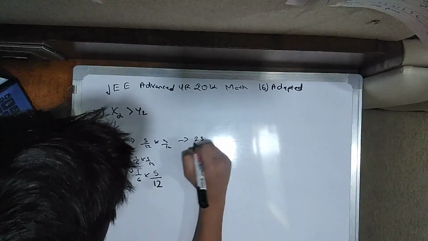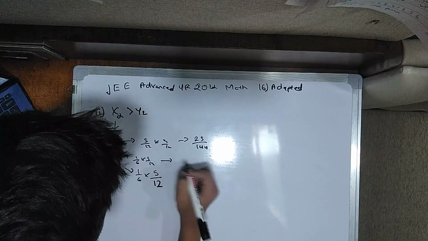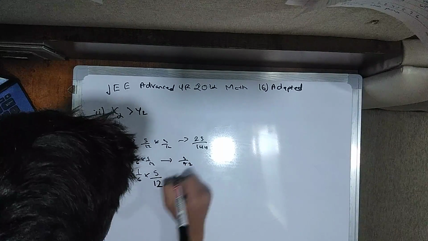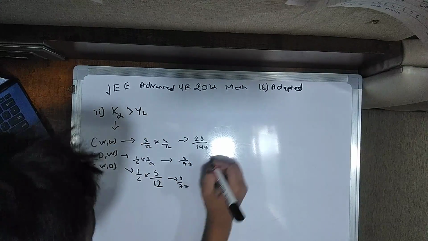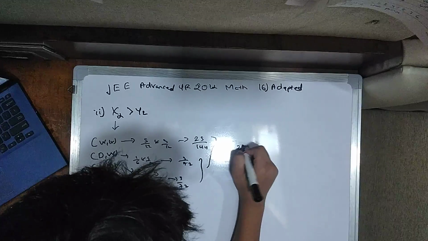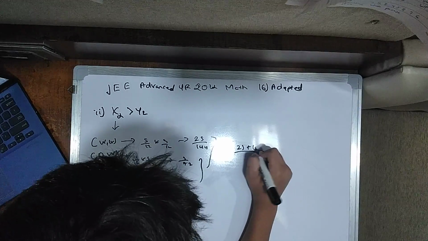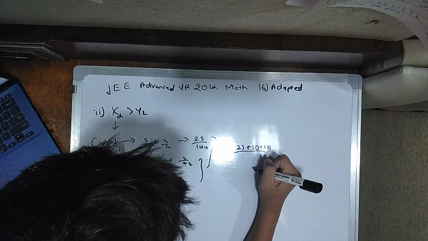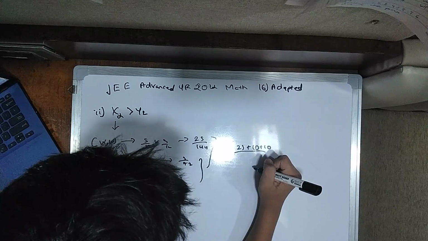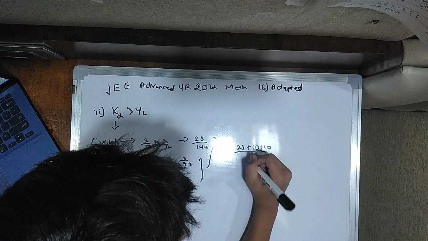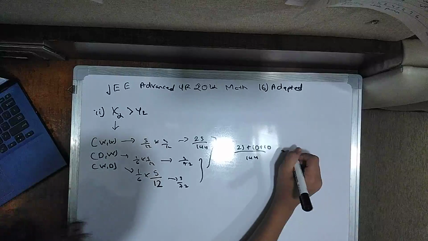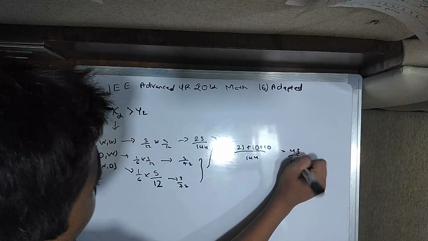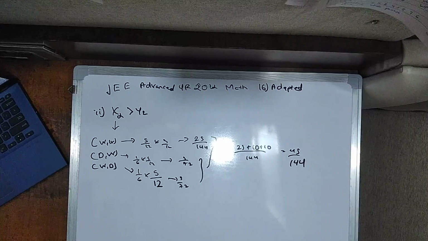This gives you 25 by 144. This gives you 5 by 72, and this gives you 5 by 72. You add all of these, you get 25 plus 10 plus 10 equals 45 by 144.